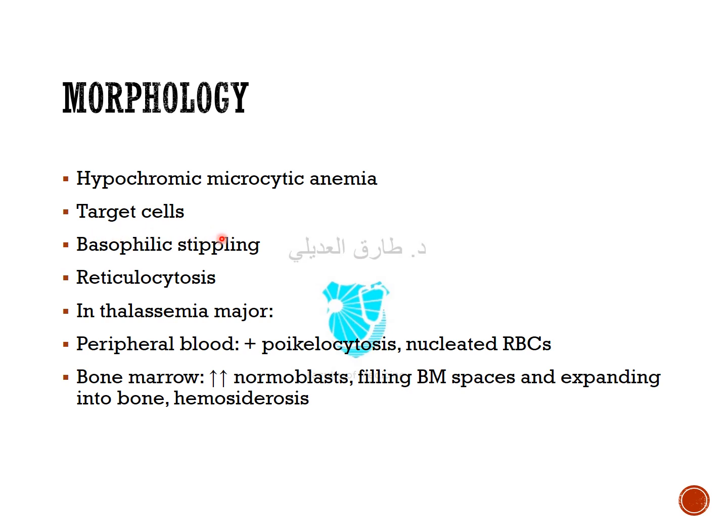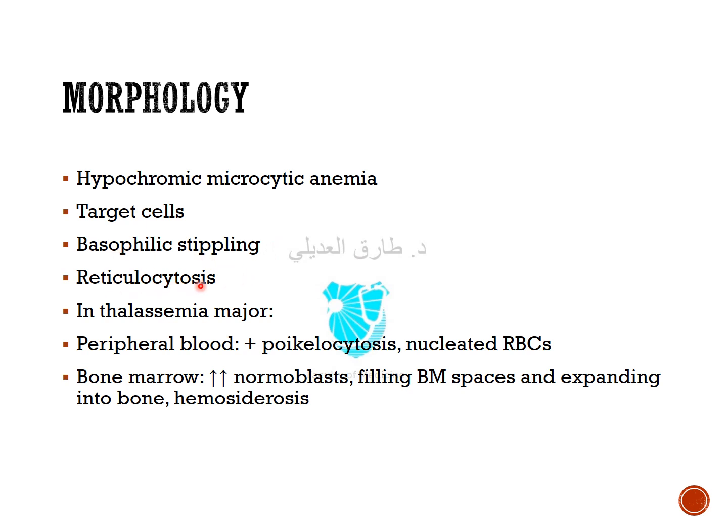Stippling means small dots. Okay, small dots. These are remnants of the ribosomes or RNA from the nucleated RBC. They still appear in the cytoplasm as small blue dots. Okay, it appears in thalassemia, and can appear in other diseases, but most notoriously it takes place in thalassemia.